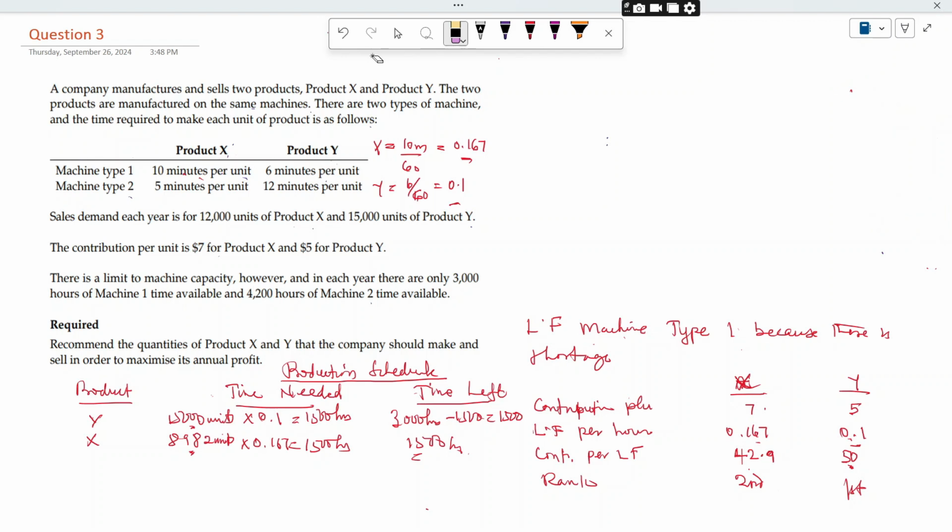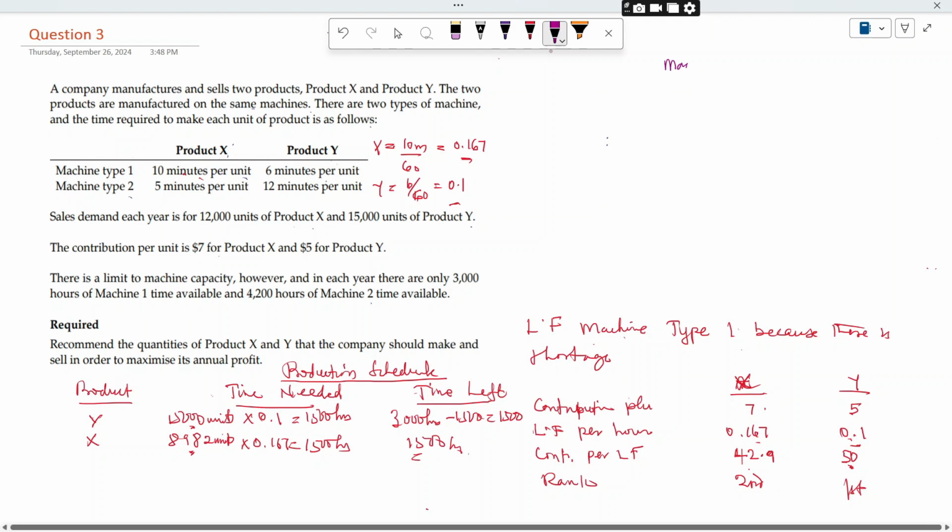Okay, so in order to find the limiting factor, we can also use a different approach. So machine type 1, machine type 2 rate.